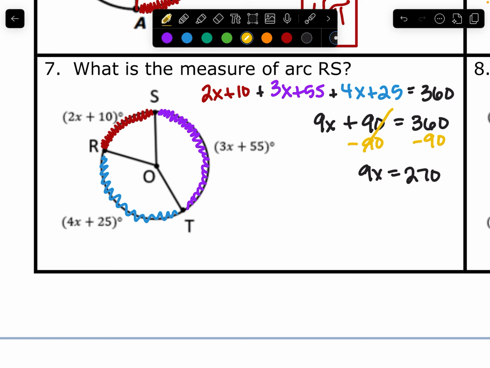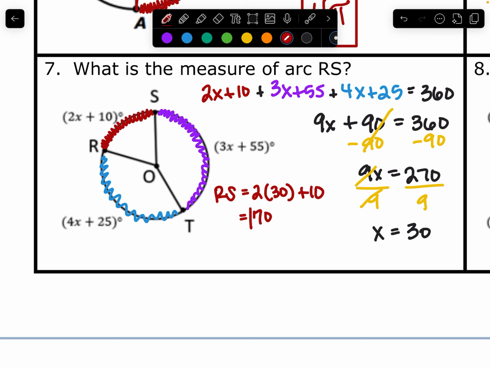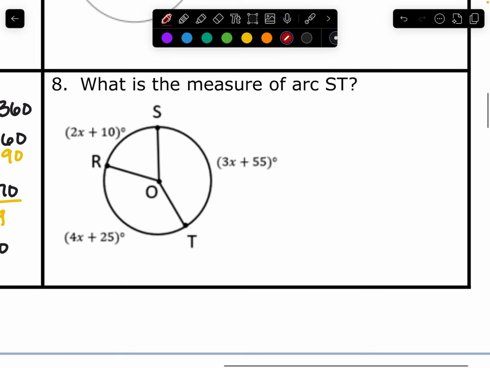Then we'll divide both sides by 9. That'll leave us with x equals 30. And now we're going to plug that in for RS because that's what we are supposed to figure out. So that'd be 60 plus 10 is 70 degrees. All right, number 8.